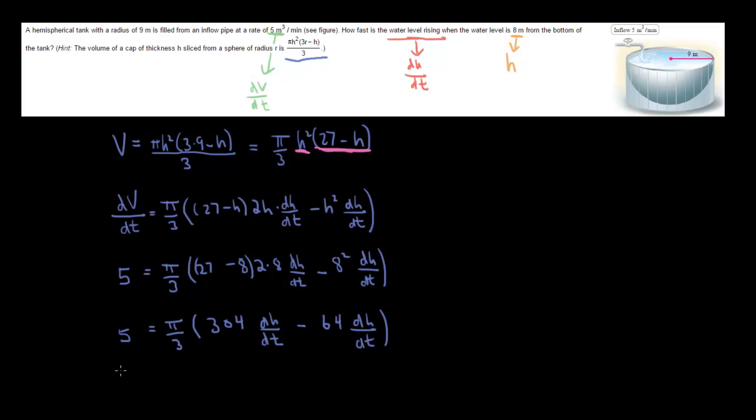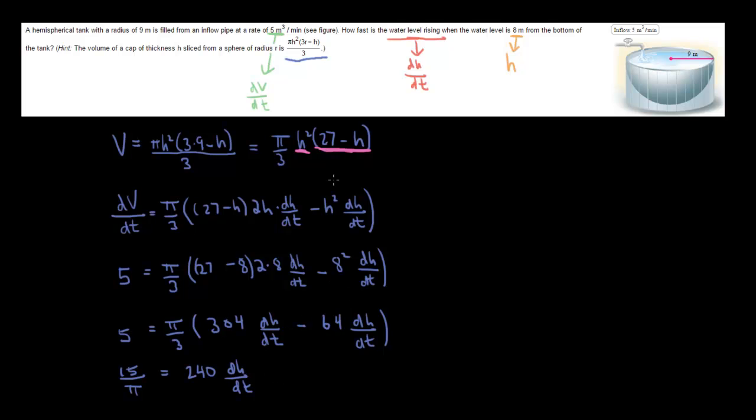So we get 15 over pi equals how many dh dt's are left over? Well, I think that's 240 dh dt. So to solve for dh dt, I just need to divide both sides by 240. So 15 divided by 240, we get 1 over 16 pi.